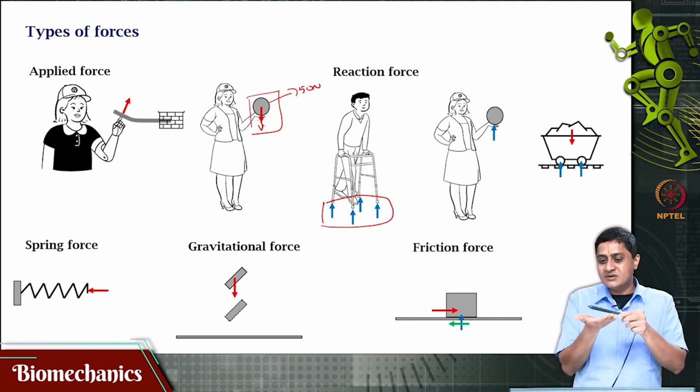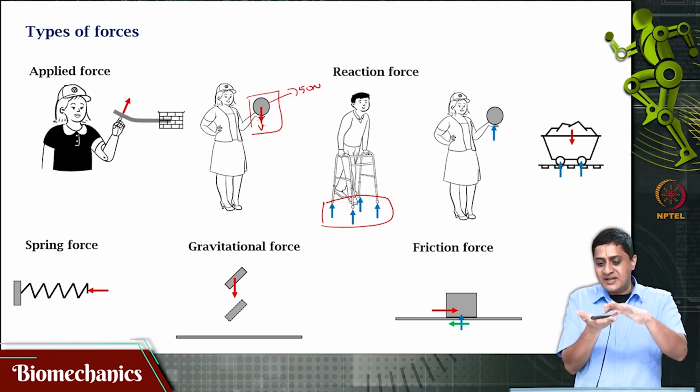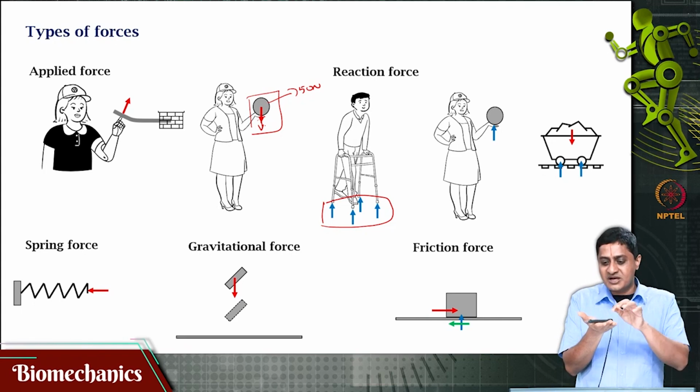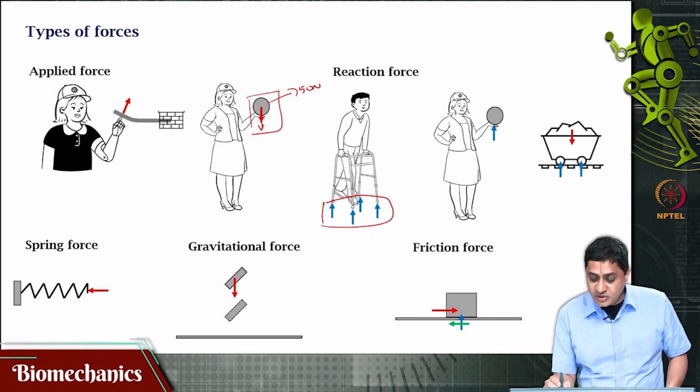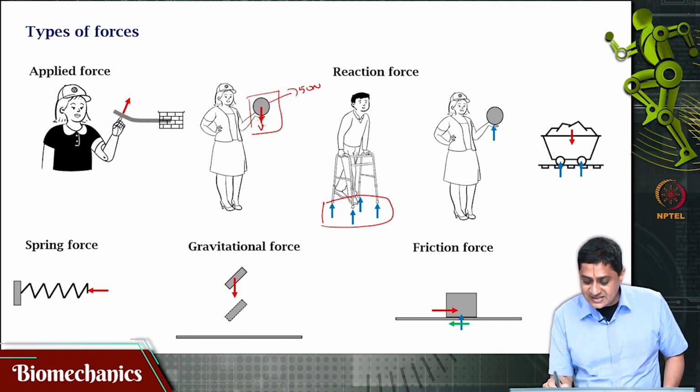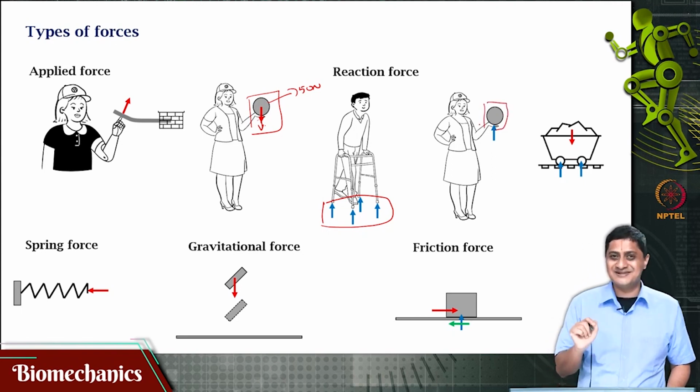That means the reason why this pen is in equilibrium is because this hand is applying an equal and opposite force on this pen so that it remains in equilibrium. So this 50 Newton force is applied by this lady or her hand on this ball, that is why it is in equilibrium.